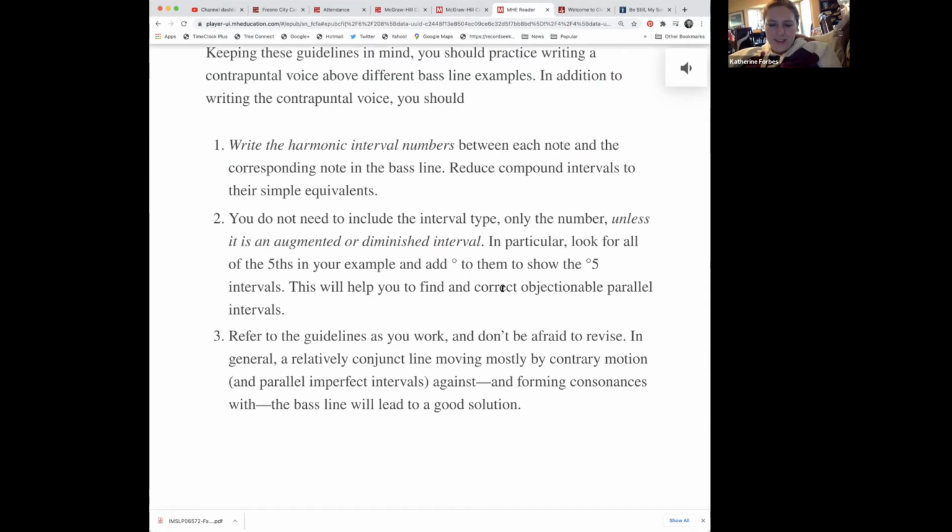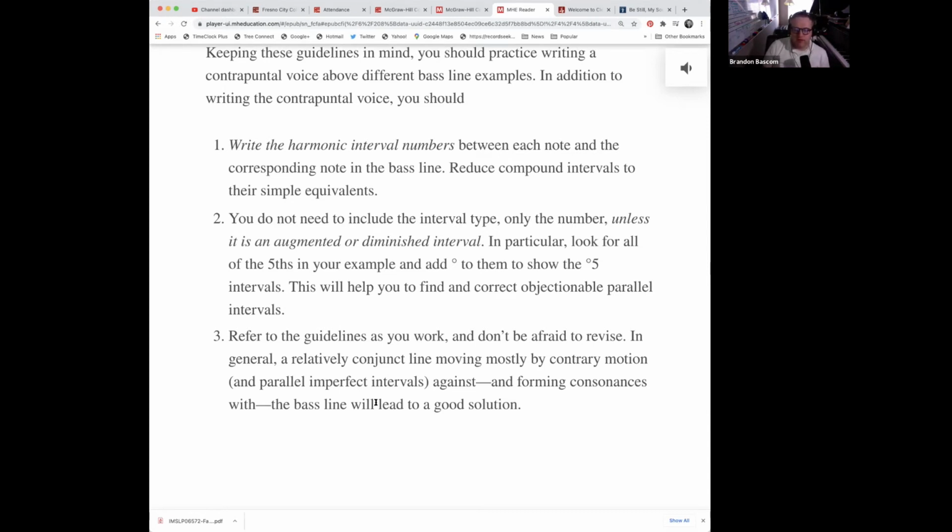Sure. Generally speaking, if we're moving conjunctly and not disjunctly, and we're moving mostly by contrary motion and parallel imperfect intervals, forming consonances with the bass line will lead to a good solution. Well, you know what disjunct is, right?